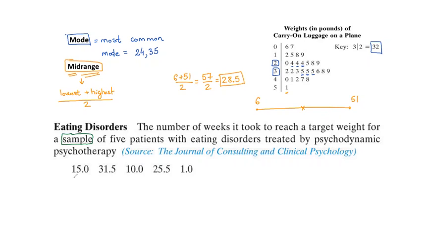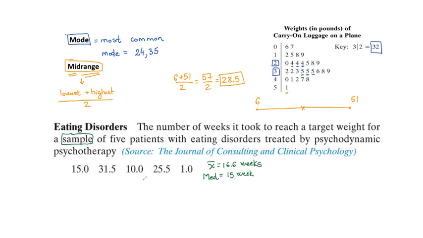This is about the number of weeks it took to reach a target weight for a sample of 5 patients. Right here, I have x bar, and I got 16.6 weeks by adding and dividing by 5. And then the median, in this case, is 15 weeks.